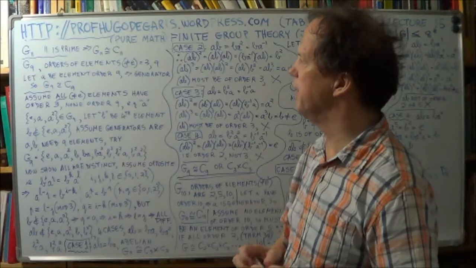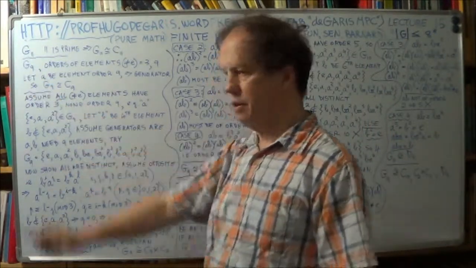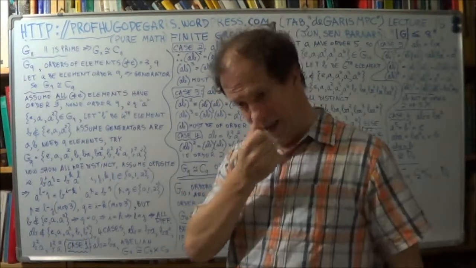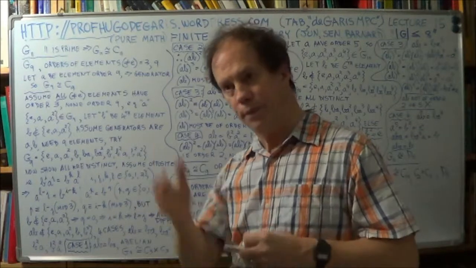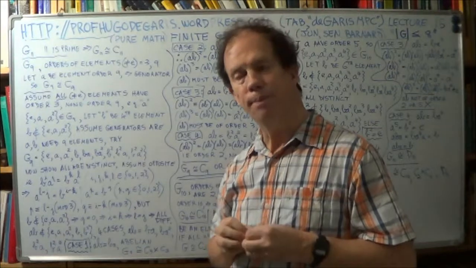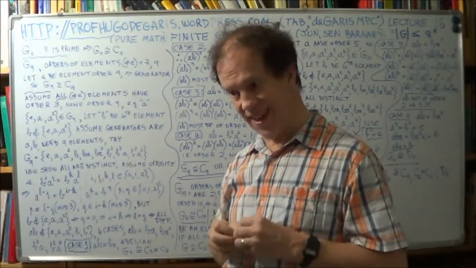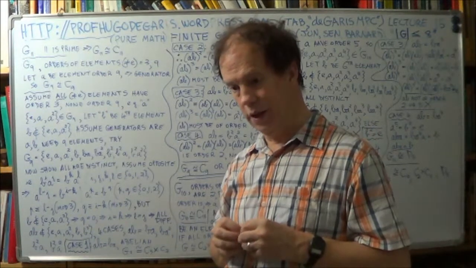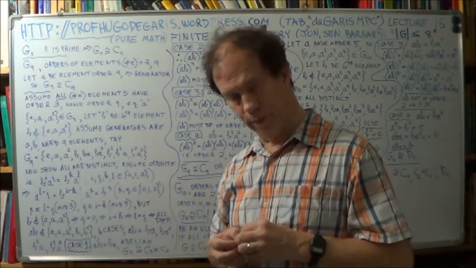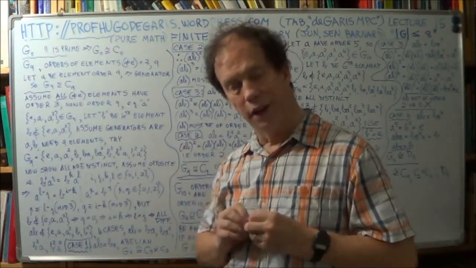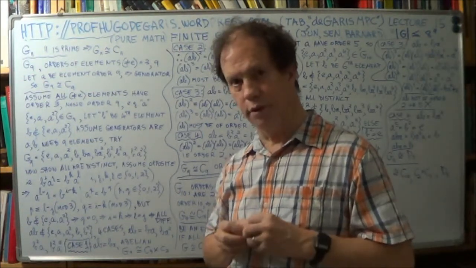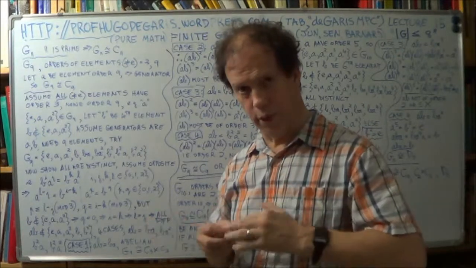So let's do G9. And remember the basic theory, the main tool that we're using in all this analysis is in fact a corollary, a quick derivation from the famous theorem of Lagrange, which says that the order of a subgroup divides the order of the group, or alternatively expressed, the order of a subgroup is a factor of the order of its parent group.